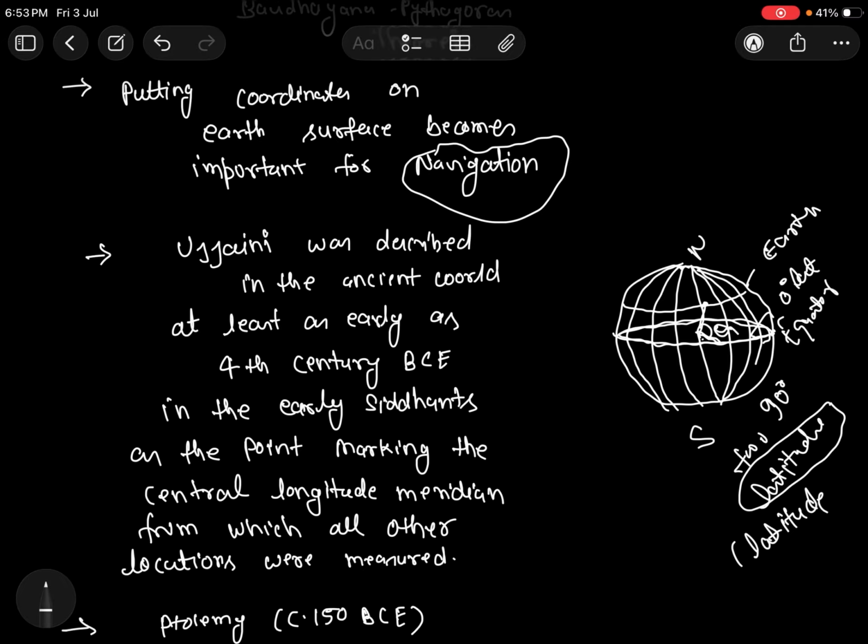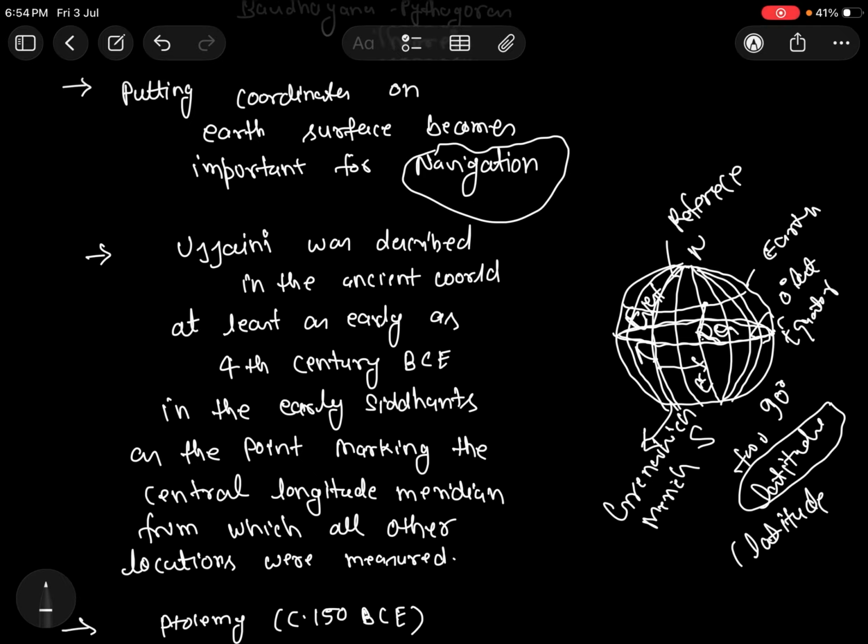We take one great circle as the reference. For the reference of the earth's longitude, we have taken the Greenwich meridian, and we measure all longitudinal positions from this in the eastward or westward direction. You will read that in your geography class if it is in your syllabus.